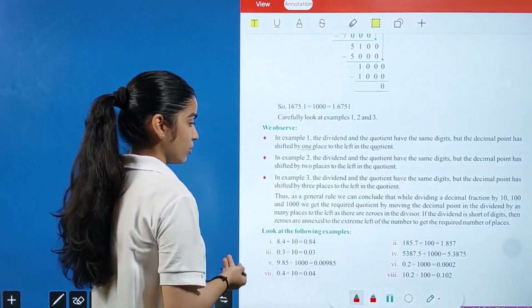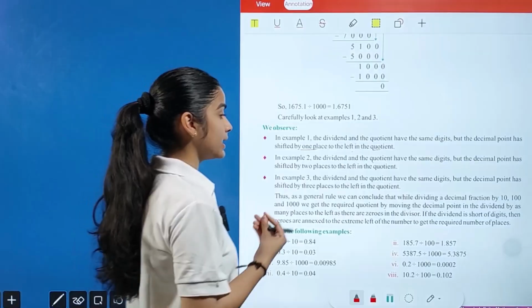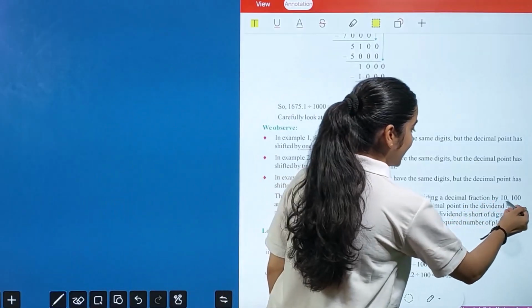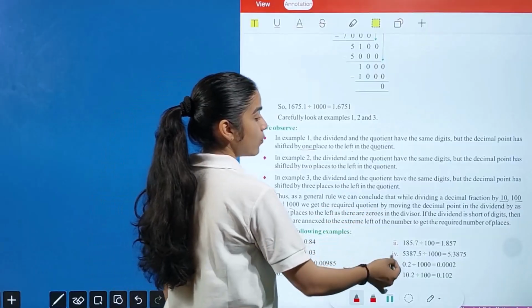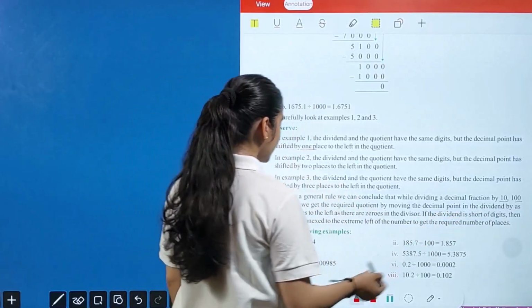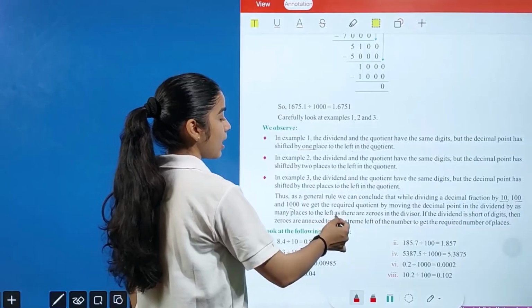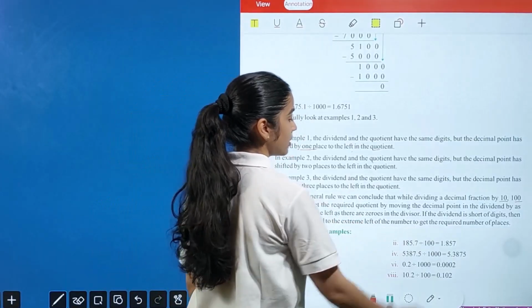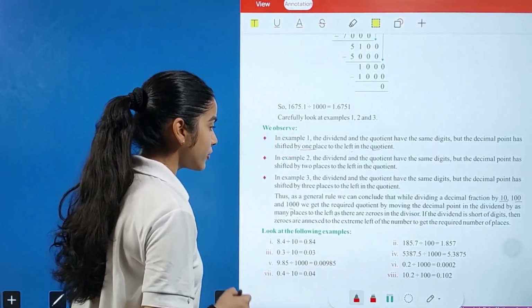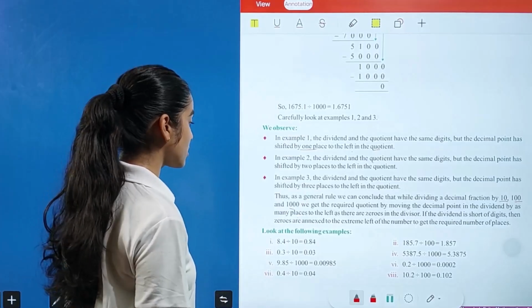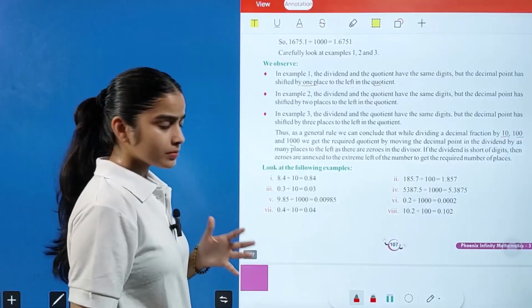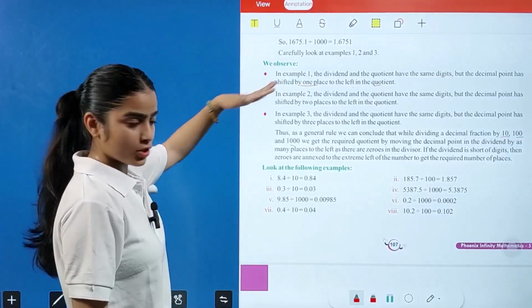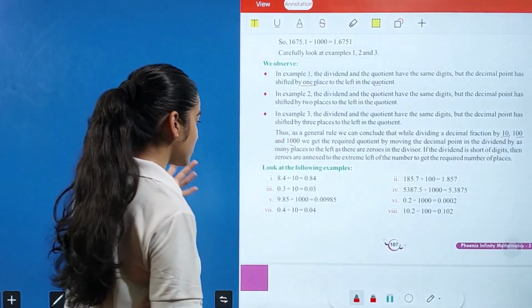Thus, as a general rule, we can conclude that while dividing a decimal fraction by 10, 100 and 1000, we get the required quotient by moving the decimal point in the dividend by as many places to the left as there are zeros in the divisor. If the dividend is short of digits, then zeros are annexed to the extreme left of the number to get the required number of places. The same thing I explained in the above section, that's repeating here. So I hope you get the point.